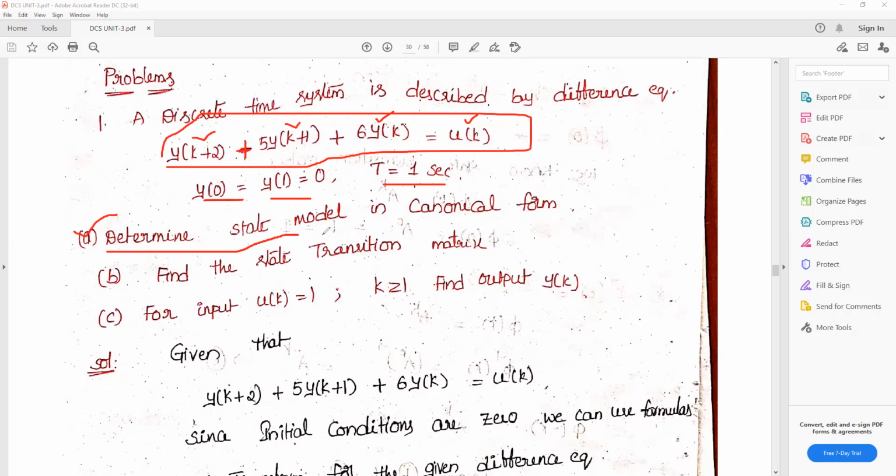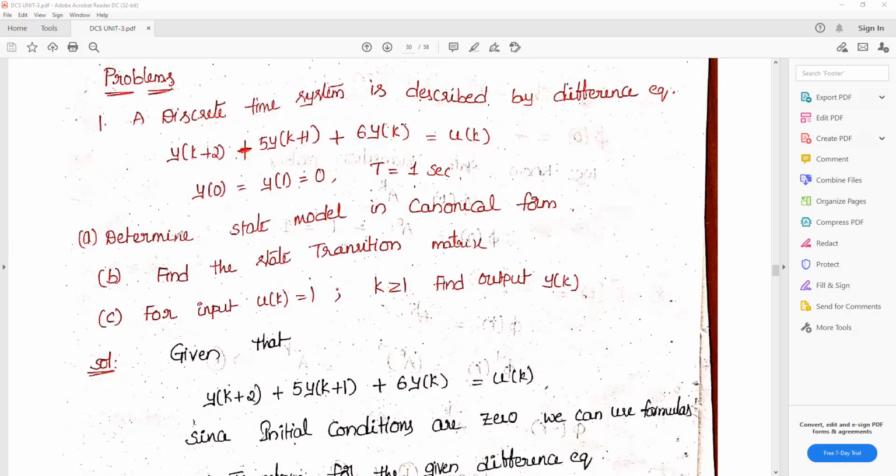We have already seen 4 methods to construct the state model: Jordan canonical form, the observable canonical form and the controllable canonical form. Using the canonical form method, construct the state model. After constructing the state model, find the state transition matrix. It's a direct 14 marks question, very, very important. Find the state transition matrix.